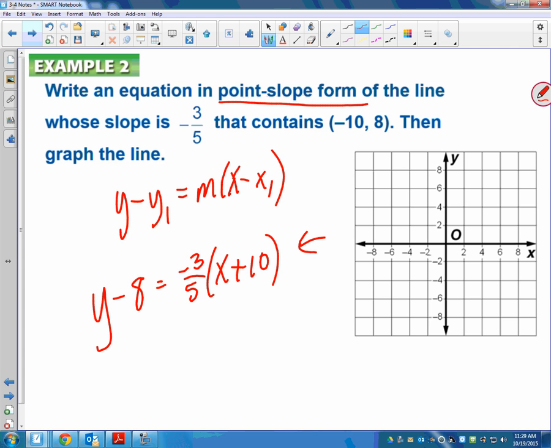Okay? So, let's talk about our fractions for a minute. What would negative 3/5 times 10 be? It's -6. Because 5 goes into 10 two times, so you're just left with negative 3 times 2, which is negative 6. You can use a calculator, but I'd like to remind you that you can do it without a calculator.